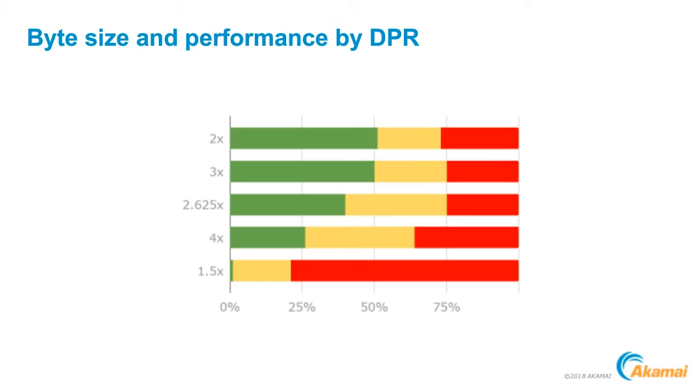Now, although we haven't dug into this data, my guess is that the reason this is bad is because we see the 4x display, we decide to serve an image that is 4 times as big, but that doesn't take into account the kind of connection they're on. Maybe they're on the train on a poor mobile connection that isn't going to benefit at all from having a larger image being served to it.